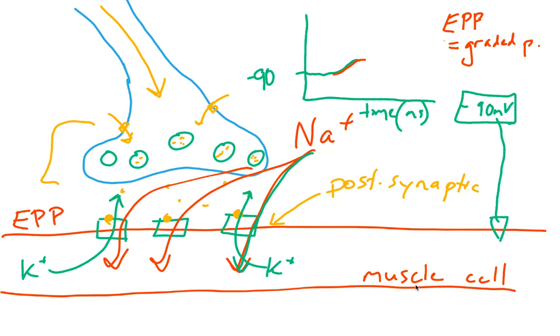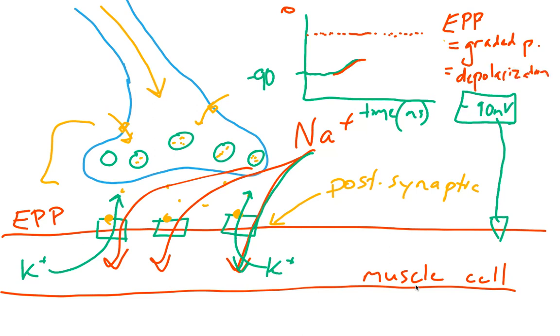In addition, because we are taking the membrane of this muscle cell and bringing it closer to this dotted line, which represents threshold, because it is getting more positive, zero would be way up here, we can also call this end plate potential a depolarization.